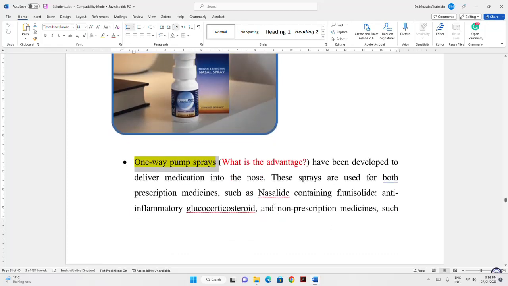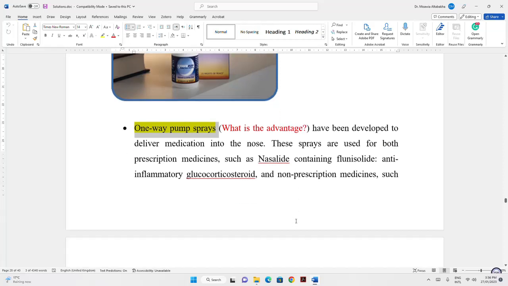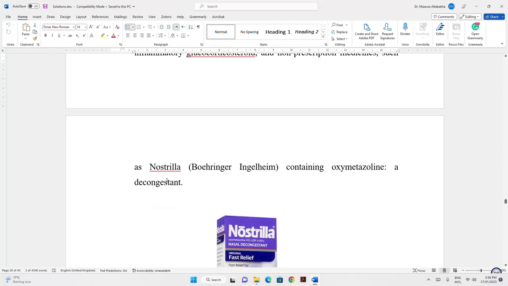And that is considered as an advantage. We have a medication or commercial product such as Nasalide. These contain flunisolide, which is a corticosteroid, anti-inflammatory. And we have also Nostrella, which contains the decongestant اللي هو oxymetazoline.